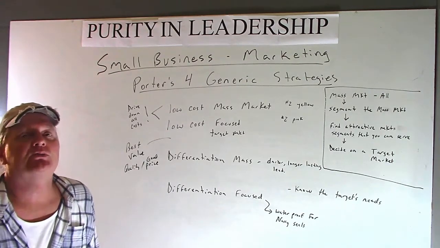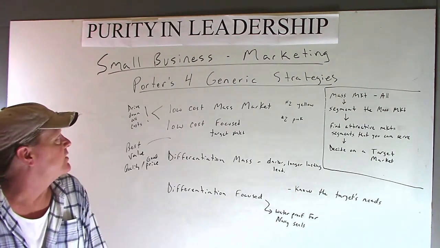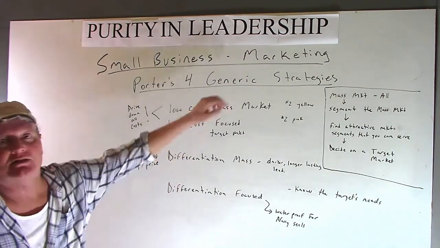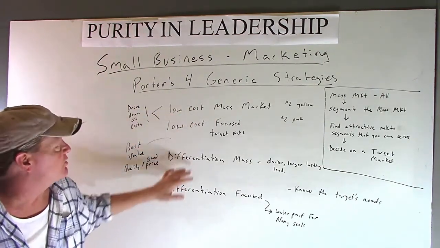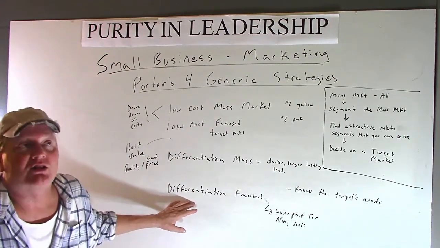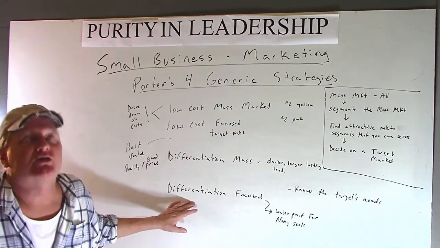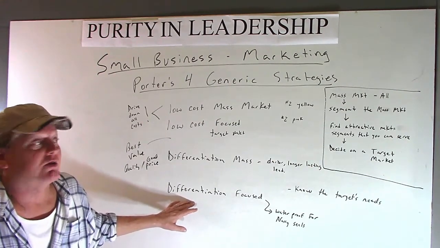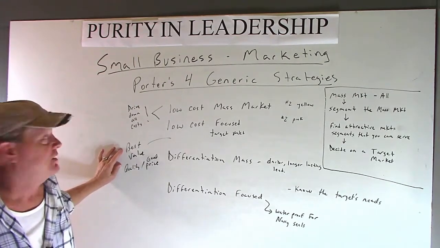Now, if you were to go through the grocery store, go through the general supply store, you could categorize some of the products in low cost mass, low cost focus, differentiation mass, differentiation focus. But when I look at them, I often think that so many products are in the best value, good price category.